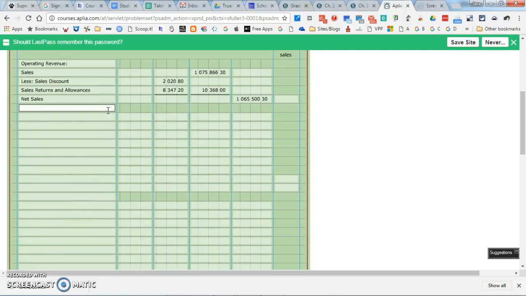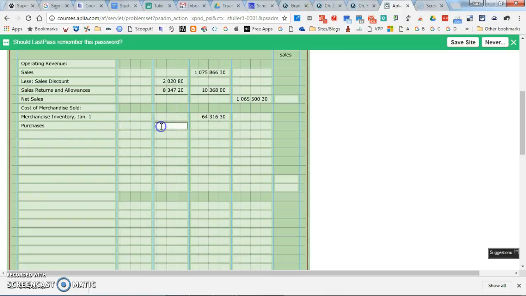Then our next line is our heading again, so this is cost of merchandise sold. Next line is merchandise inventory January 1st. This goes in the third column, $64,316.30. Next line is purchases.